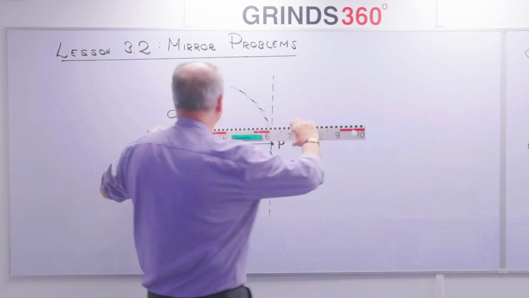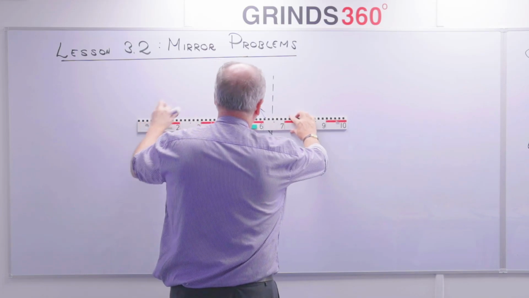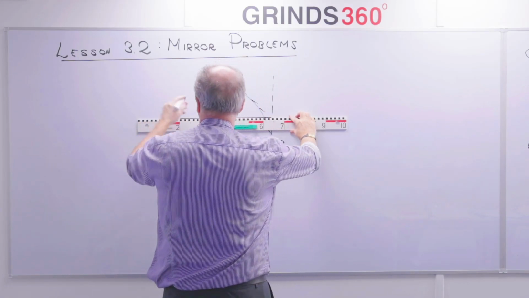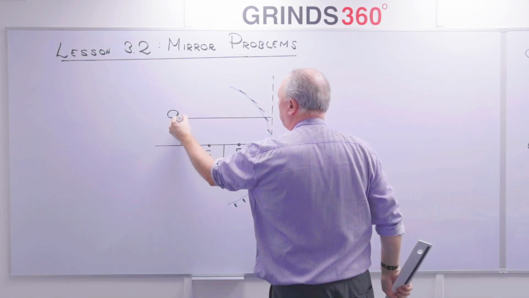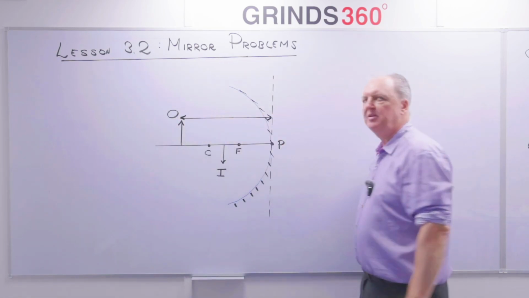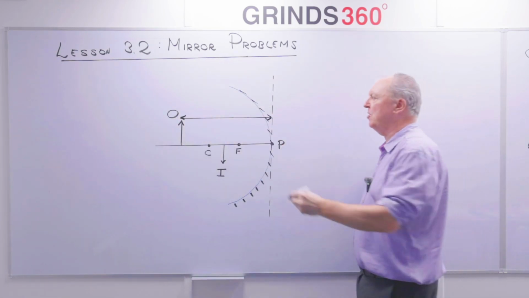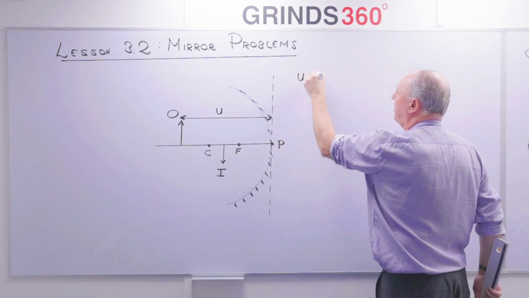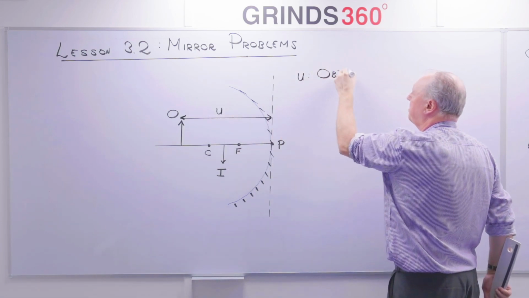So if I take that distance there, it is called the object distance. And the object distance we are going to represent by the letter U. So U stands for object distance.